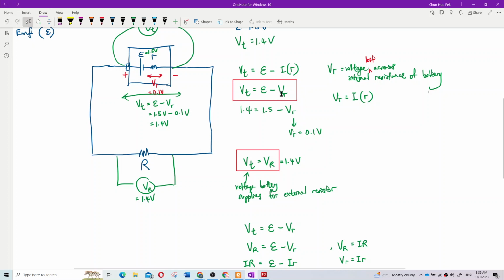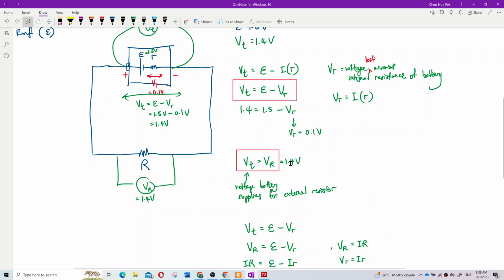So the battery can only supply 1.4 volt for the external resistor. The external resistor only receives the terminal voltage instead of the EMF. Understand, class? You only receive 1.4 volt.